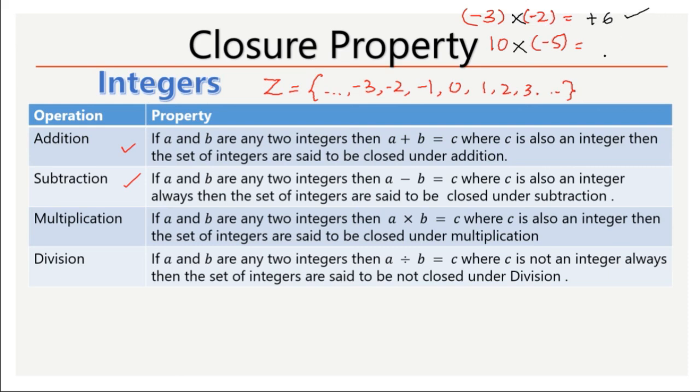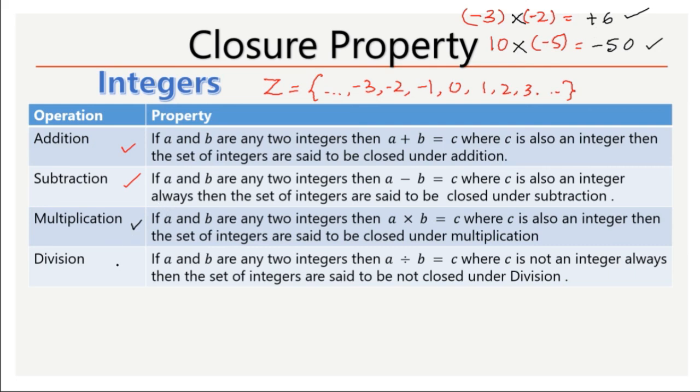Clearly it is an integer. Positive 10 multiplied with negative 5, I get negative 50. You consider any two integers, their product is also an integer. So we say that the set of integers is closed under multiplication.